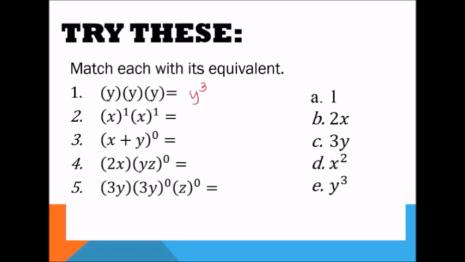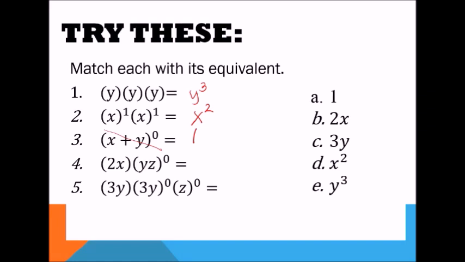Applying ulit yung natural number exponent, so we have x squared. Then, for number 3, buong expression raised to the 0 power, so ibig sabihin, buong ito is equal to 1.